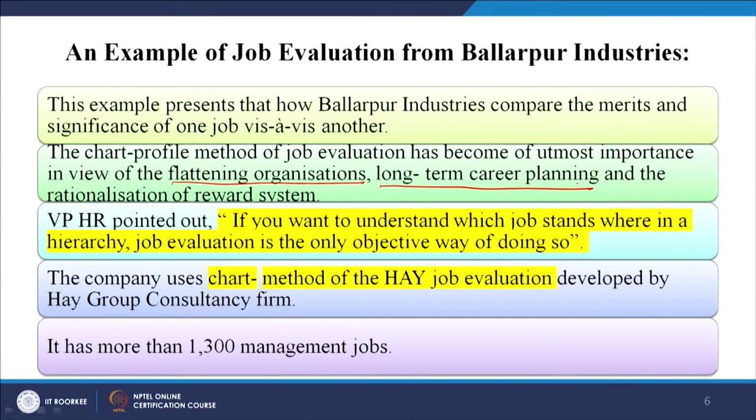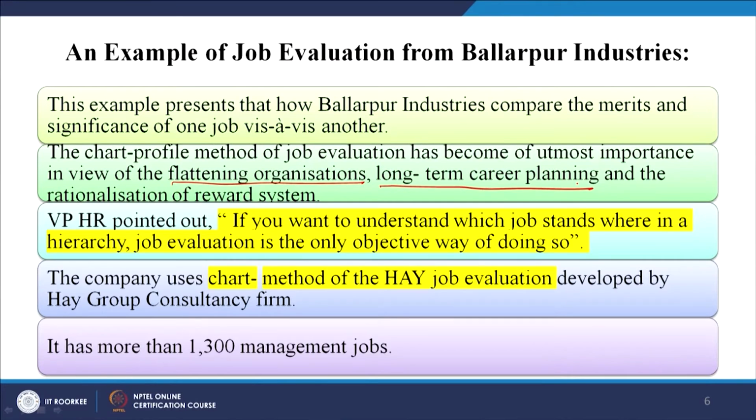The VP HR pointed out that in this particular Ballarpur industries, if you want to understand which job stands where in a hierarchy, job evaluation is the only objective way of doing so. So it is a very important statement: to understand which job stands where in a hierarchy, the authority, responsibility and ownership of that particular job, and how relevant and important it is to that organization, matter.